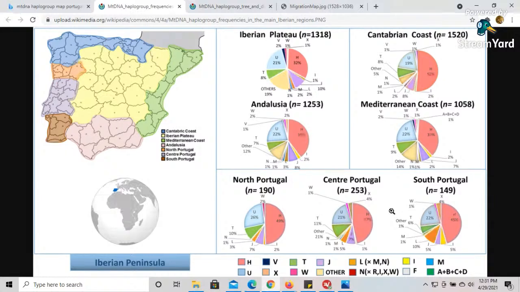The reason why I'm looking at Portugal is because South Portugal is right across from Africa. The Straits of Gibraltar is directly across from Africa. So we would expect to see the L mitochondrial DNA there. And still, the Asian mitochondrial DNA is almost non-existent, which is really interesting to me.